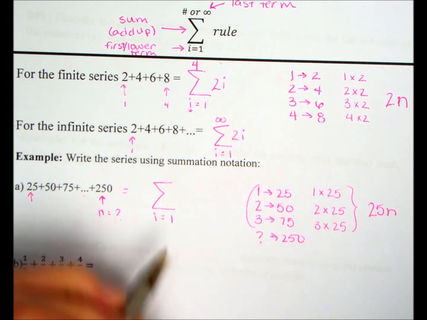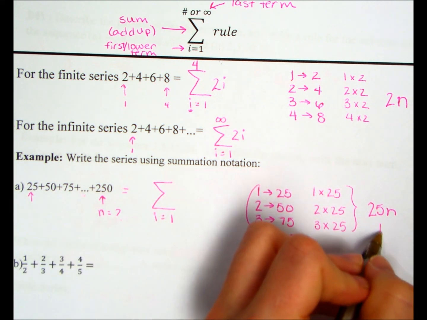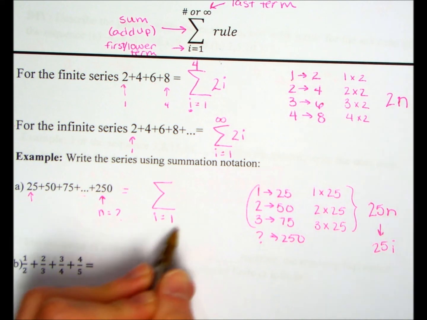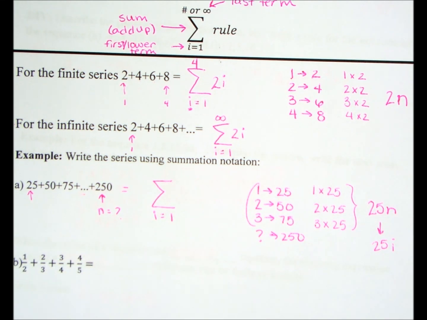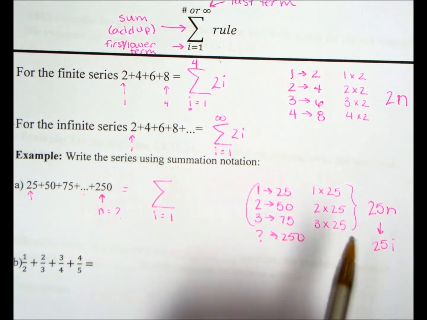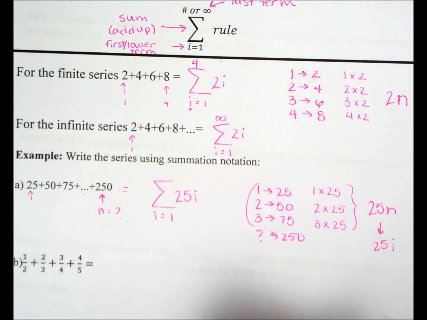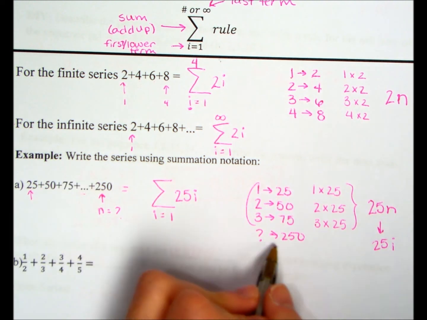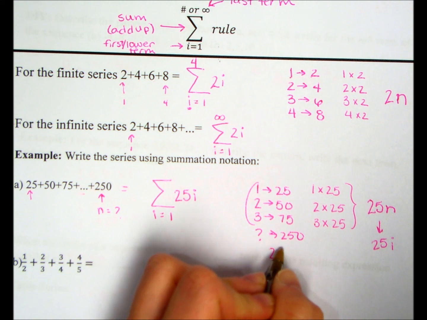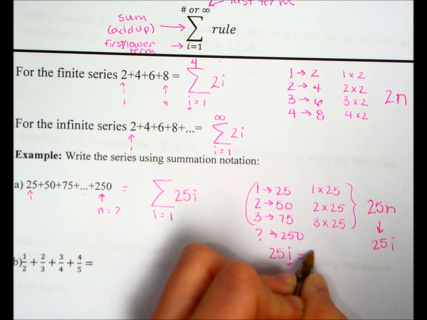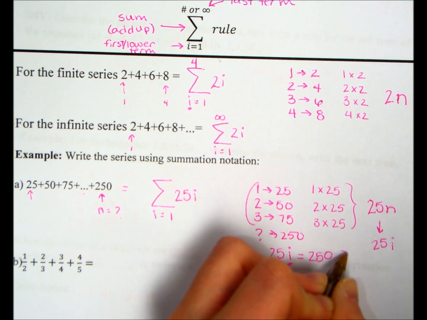So what I find here is that this pattern is going to be 25 times whatever number of term I have. And like I said, for consistency purposes, we'll use i because we chose i as our little variable, our index. That's what we call it. So this is my rule. And the only thing I have left to do is find out where I stop with this 250. So if my rule is 25i, I want to know what i gives me 250.